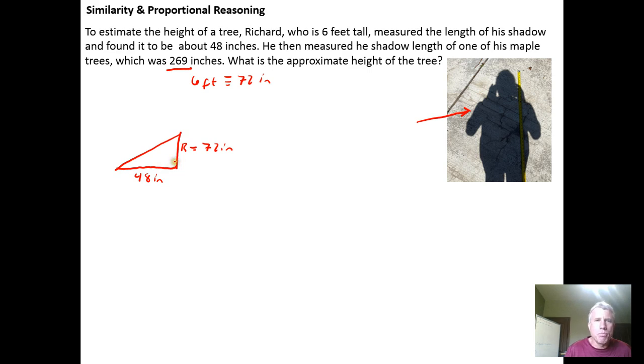And if I assume that I stand perpendicular to the ground, so I'm not leaning, I'll have about a 90-degree angle here. I'll be roughly perpendicular to the ground.